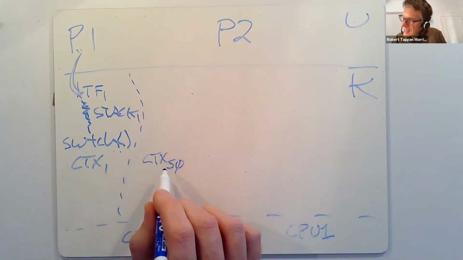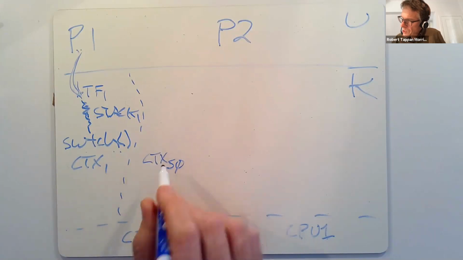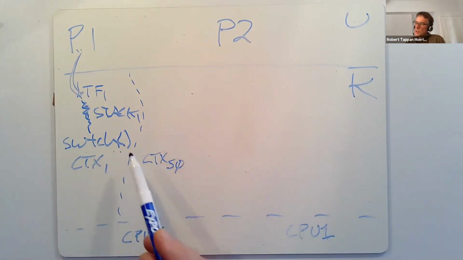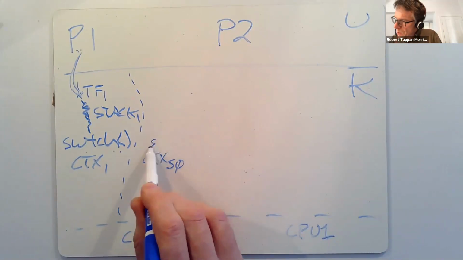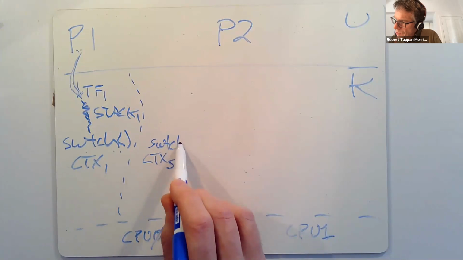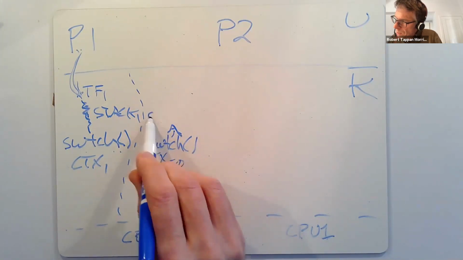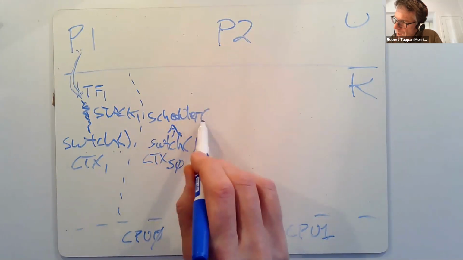And in the scheduler for CPU 0, switch will restore these registers, and since the registers include the stack pointer, the return from switch, as we'll see, will now actually return up to the scheduler function on CPU 0.